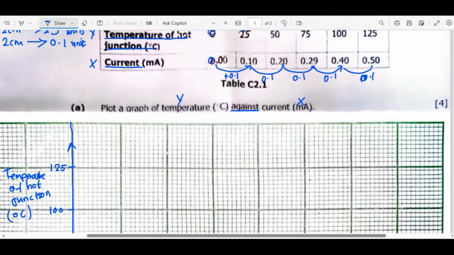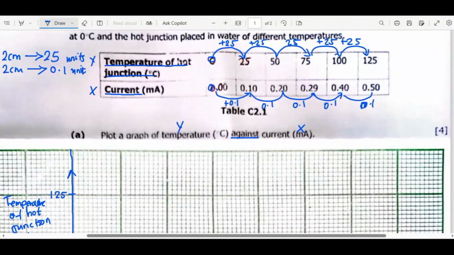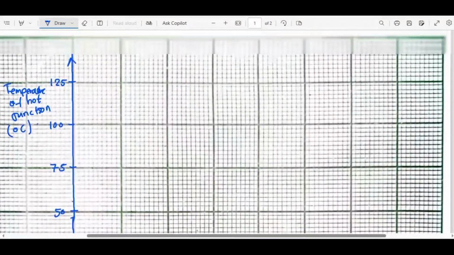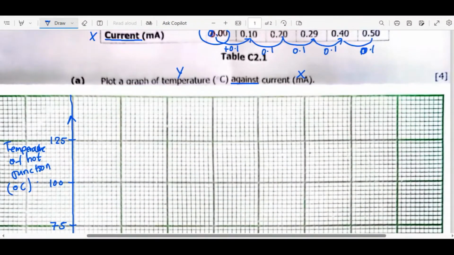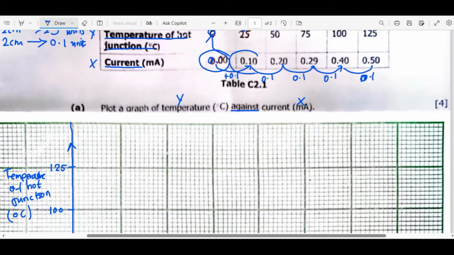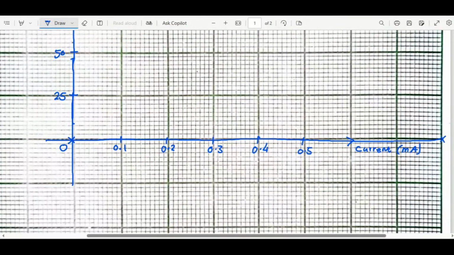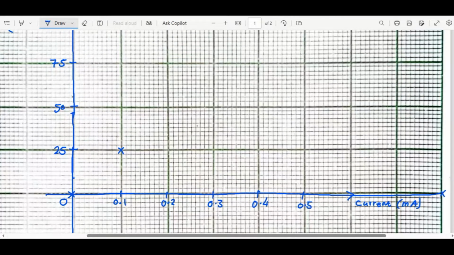So the first pair is 0, 0, so that is just the origin. So this is where our point is. Then the second one is 0.1, 25. So 0.1, 25 is here. The next one is 0.2, 50.